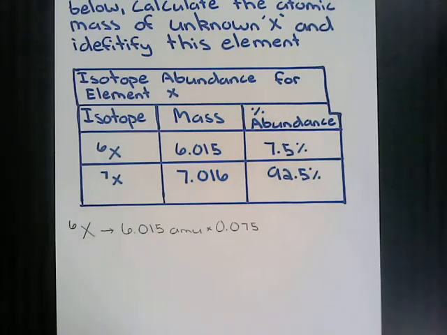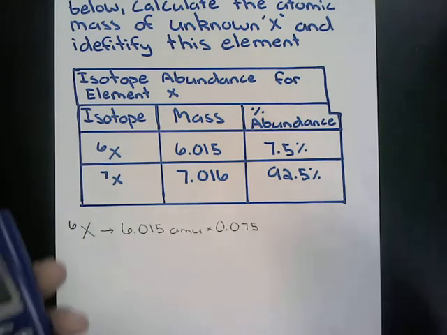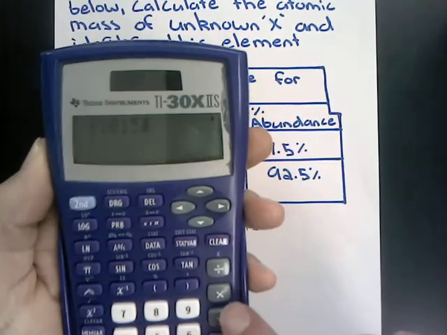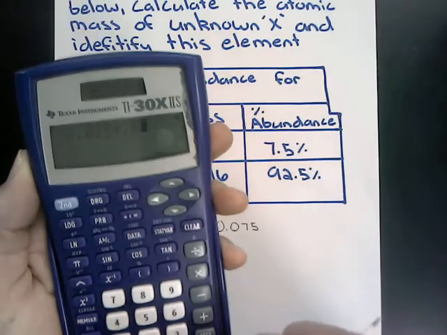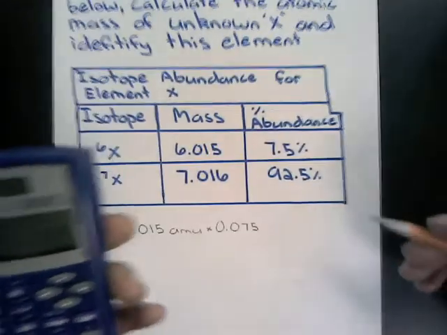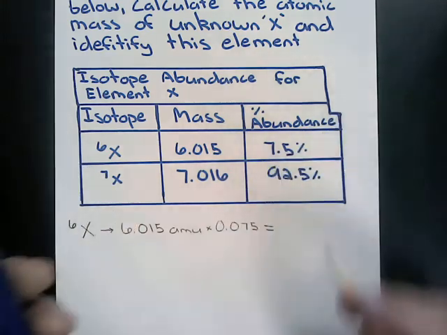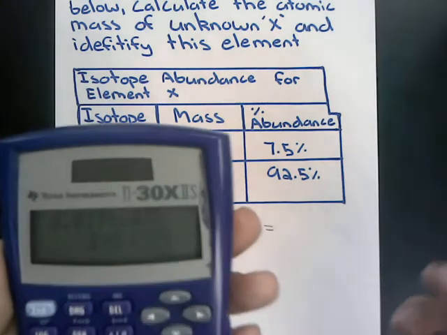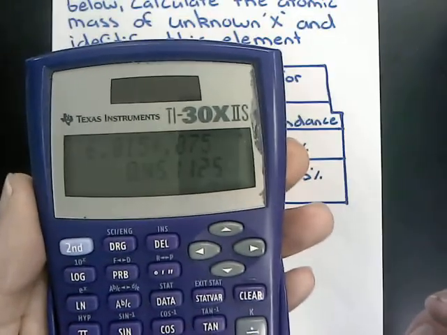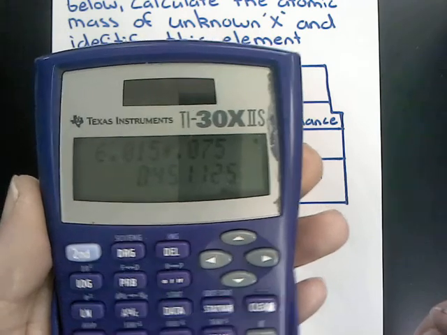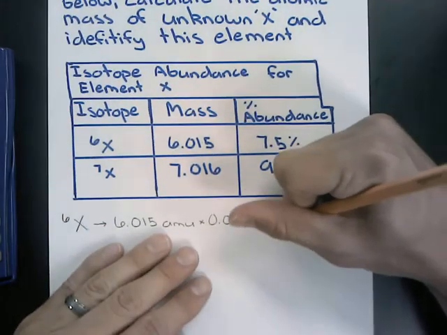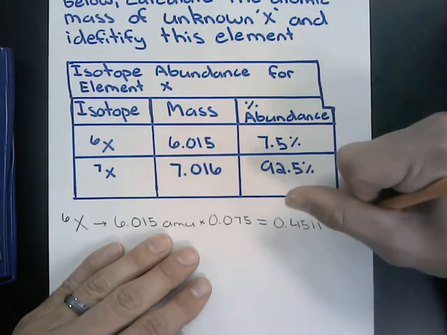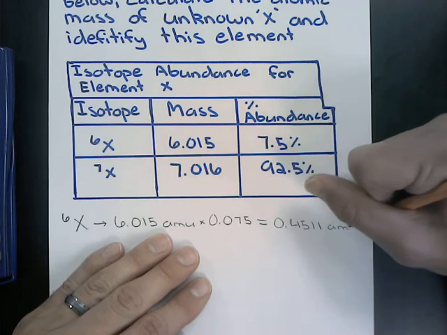Now, because you have the percent in decimal form, you take 6.015 and multiply it by 0.075 and press enter. On this, we can go out to 4 decimals, and that is 0.4511, and the units again would be AMU.